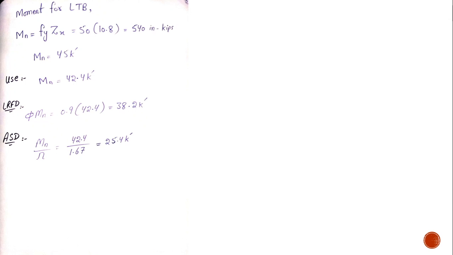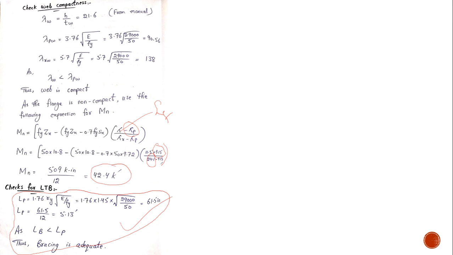Okay, the final ultimate moment comes out to be, because my Zx was 10.8 for this section, 540 inch kips, which is 45 kip foot, which is again okay. This is very important.